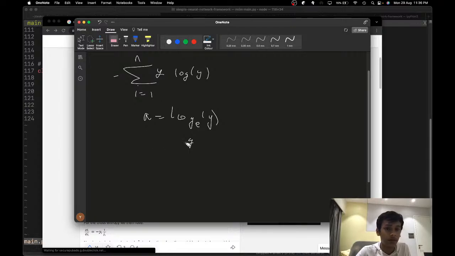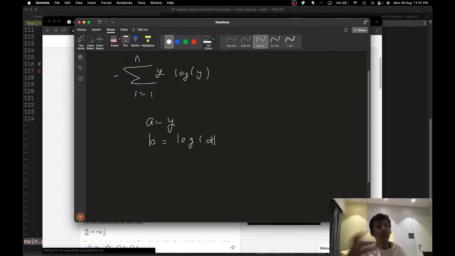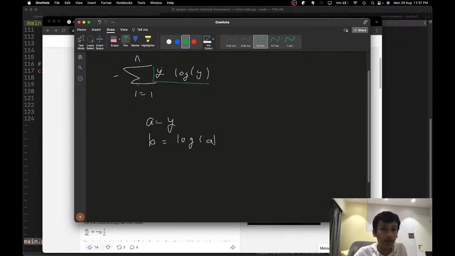I'm pretty sure the guy is incorrect. Oh, alright, we can actually do this a lot simpler. If we set a as y, which is the actual way these guys have done it, we set b as log of a. Now that's correct. I'm pretty sure that's correct. So we have, I'm pretty sure, taken care of this part of the equation over here.